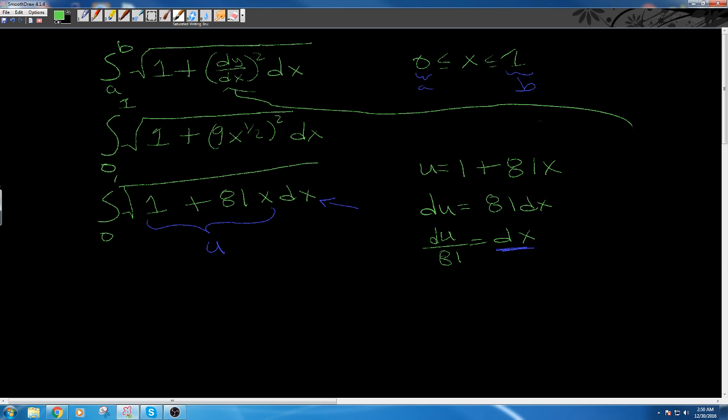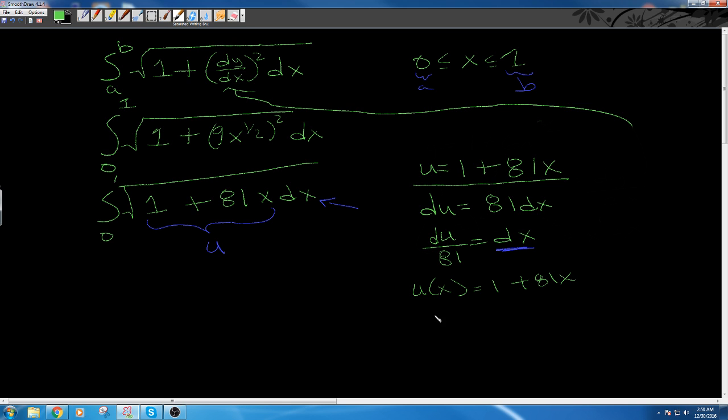So instead of making things complex, we're just going to update the limits. And here's how we do that. Remember, we let u equal 1 plus 81x. So all we have to do is simply plug our old limits into u to get our new limits. So u of x is 1 plus 81x.